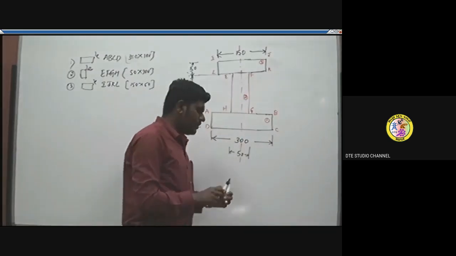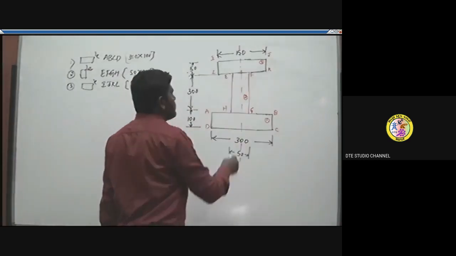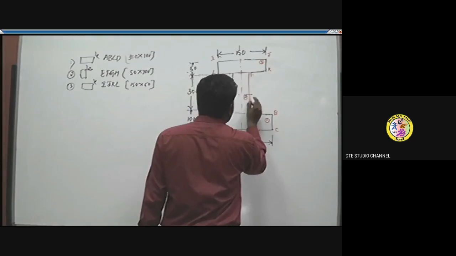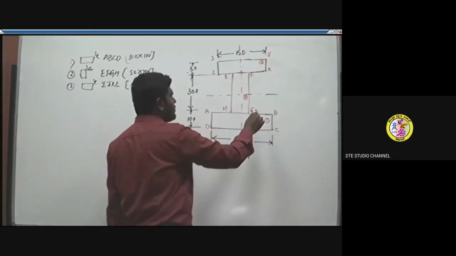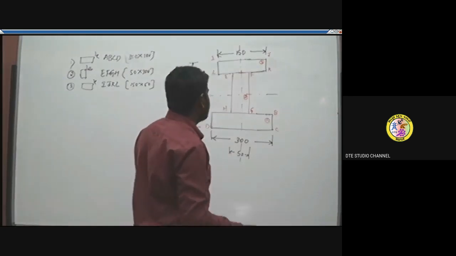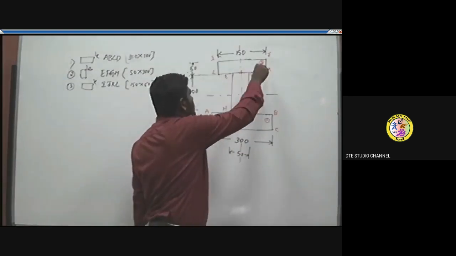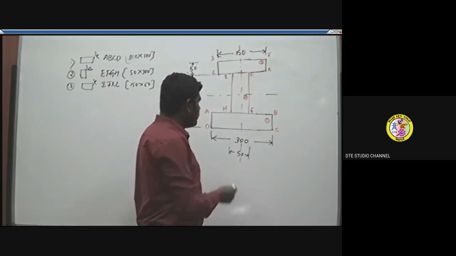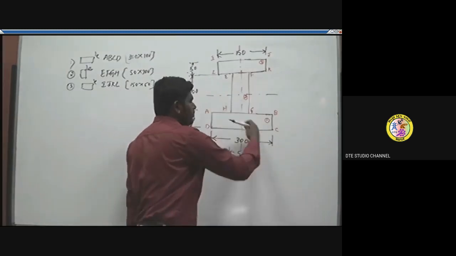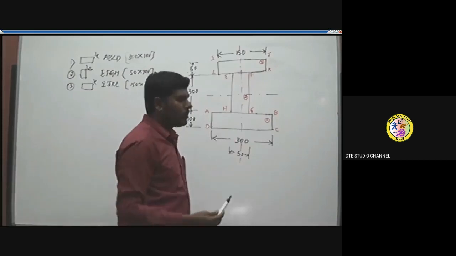For example, if you take the axis of symmetry along the x-axis, as I'm drawing the axis here, is this axis dividing the whole area into equal parts? Obviously no, because the top flange has lesser dimensions and the bottom flange is 300 wide. The area below this axis is more and the area above is lesser.